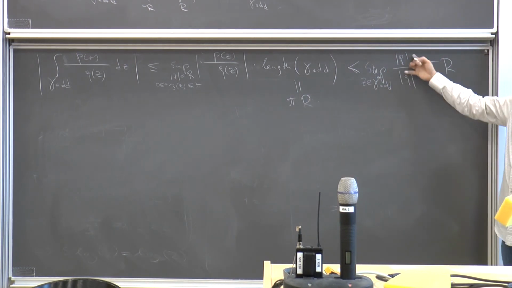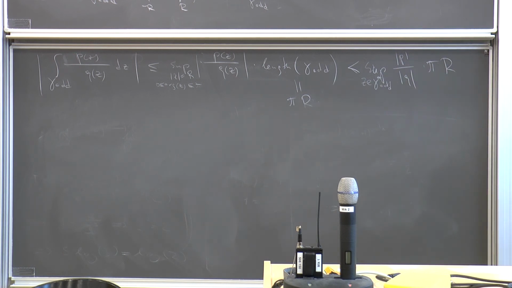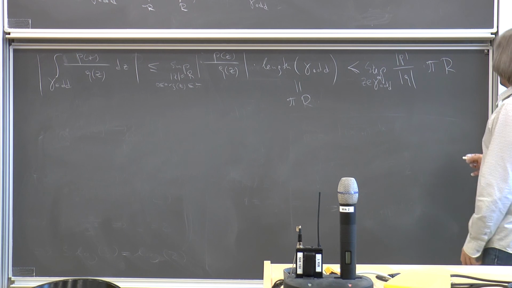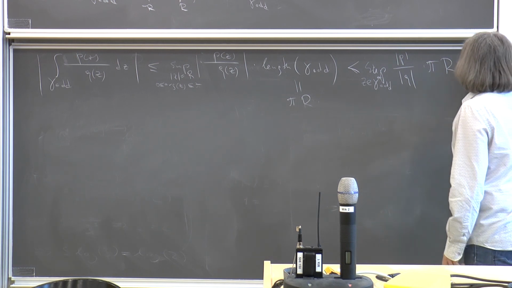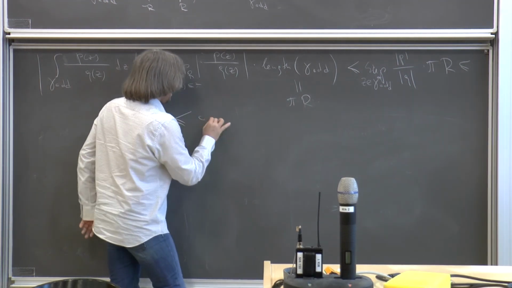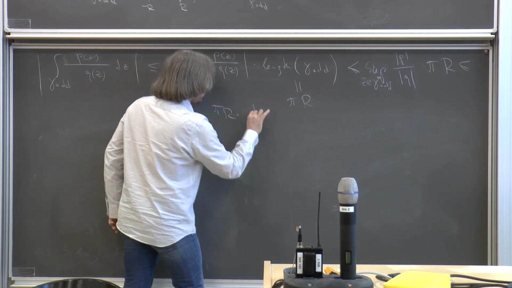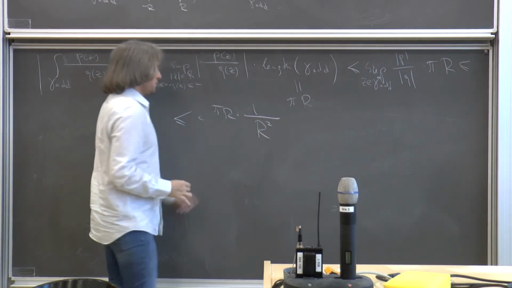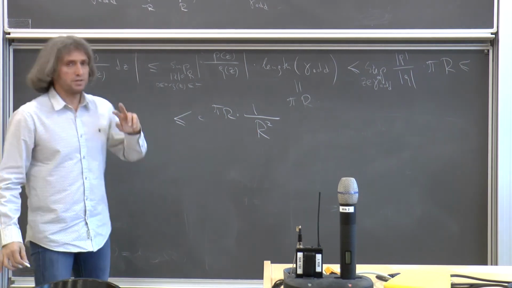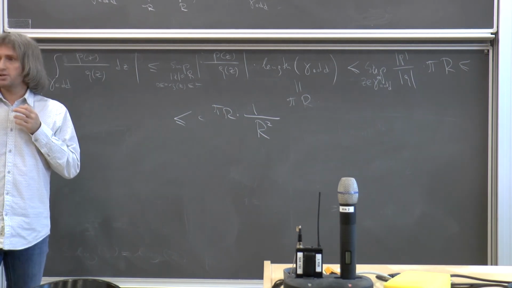So this part, as before, has a limit equal to 0, and so the whole thing will be estimated by some constant times pi r times 1 over r squared. So this r squared comes exactly from the difference of degrees of numerator and denominator.